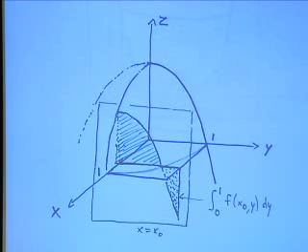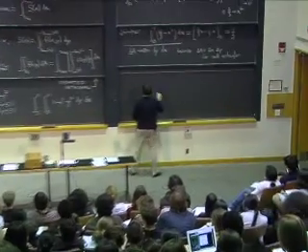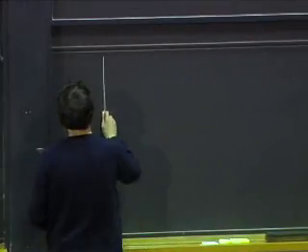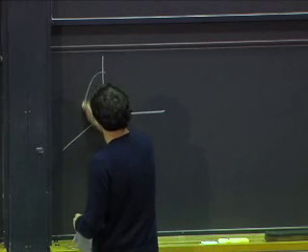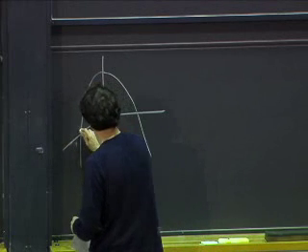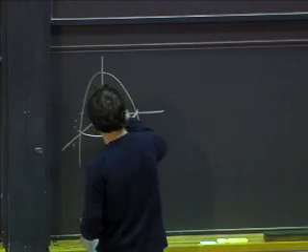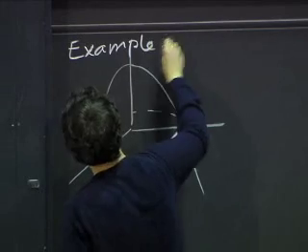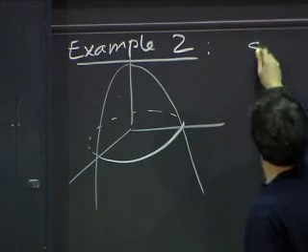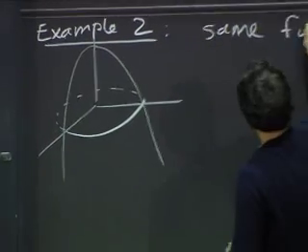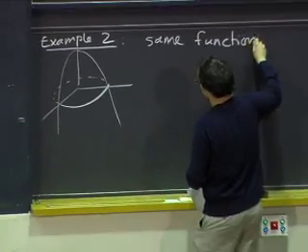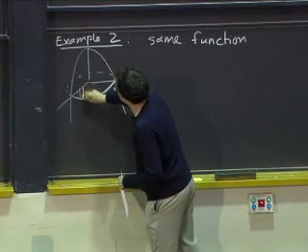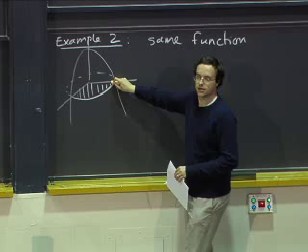So let me draw another picture. So let's say I wanted to integrate, actually, so let's call this example 2. So it's the same. We're going to do the same function, but over a different region. And the region will just be now this quarter disk here.